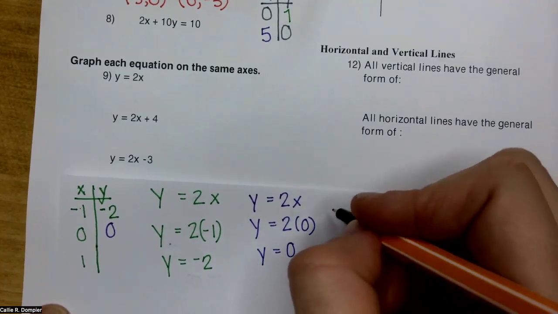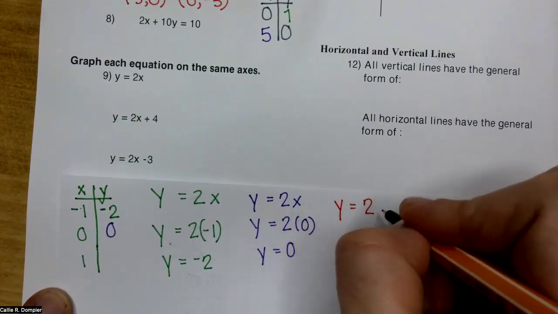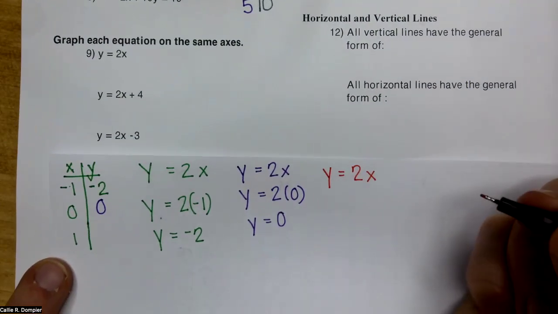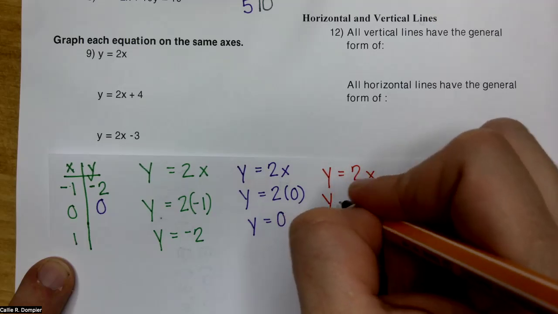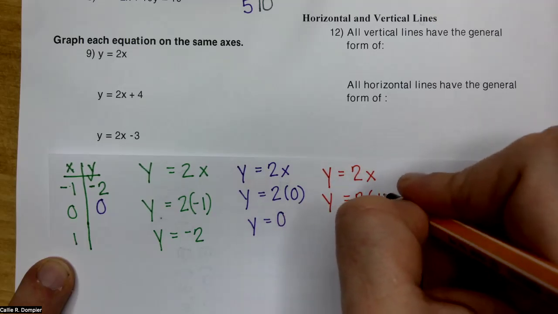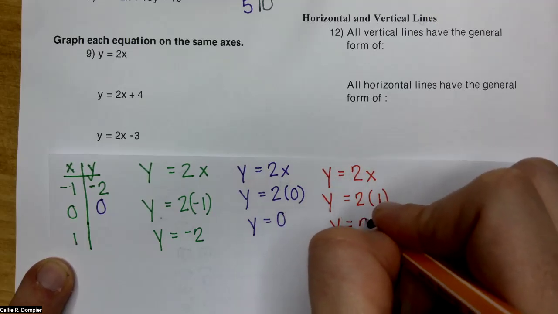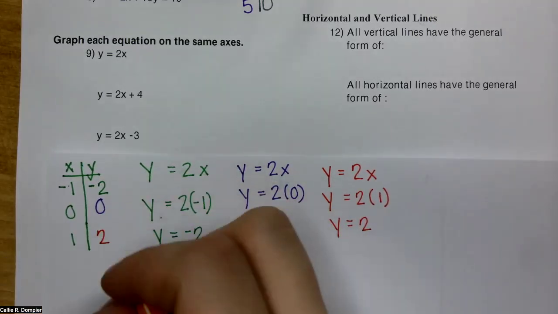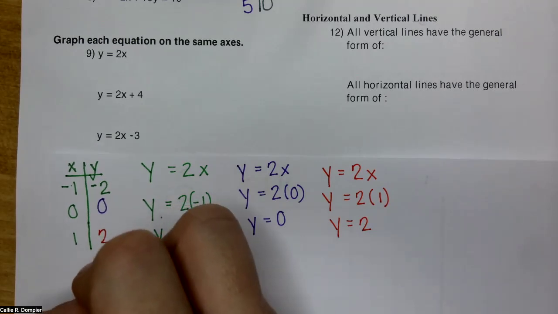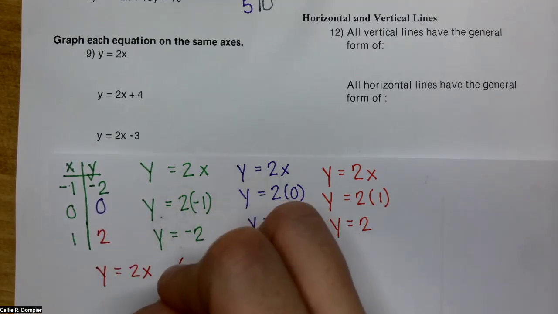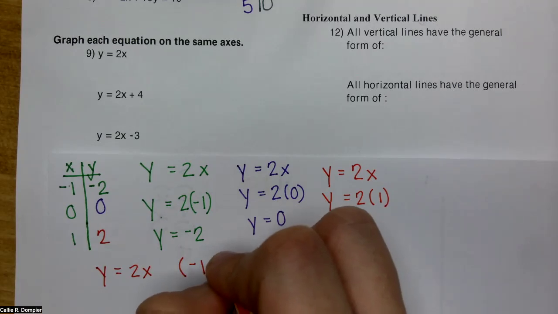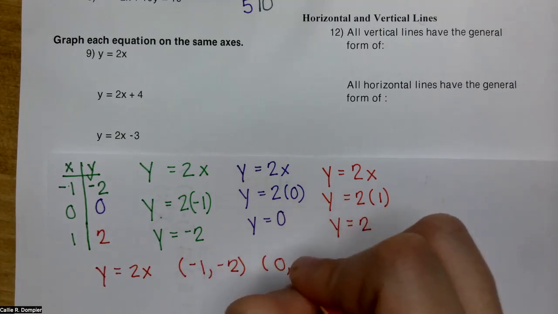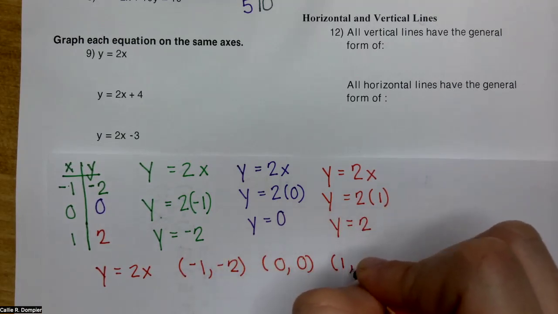And then our third one will be replacing x with +1. Y equals 2 times +1. So y equals 2. Okay, so when I graph that, I'm going to graph the points. So that's the graph y equals 2x, and it includes the points -1, -2, 0, 0, and 1, 2.